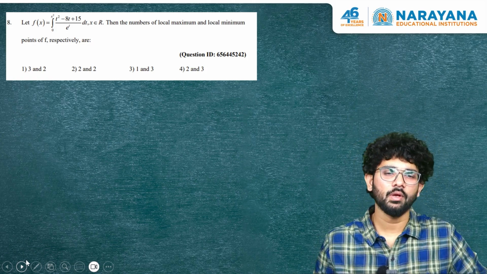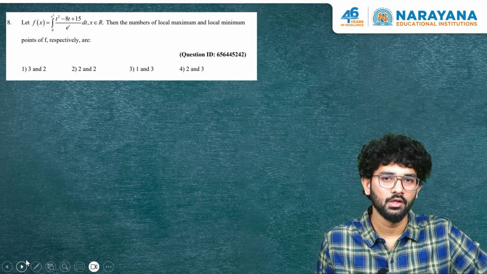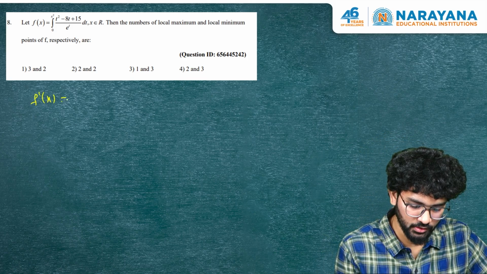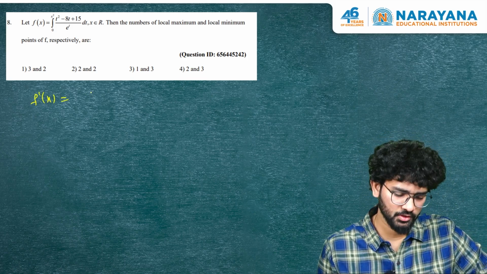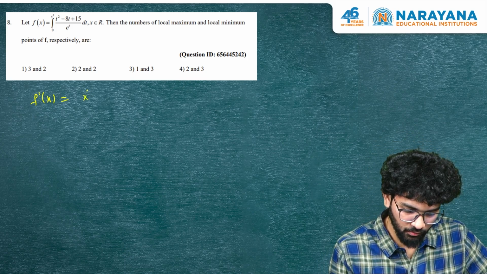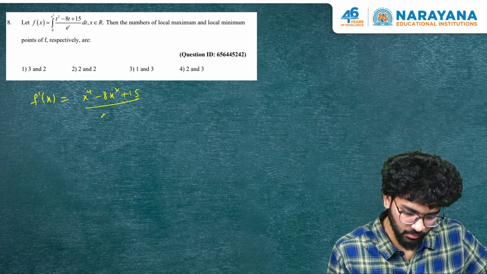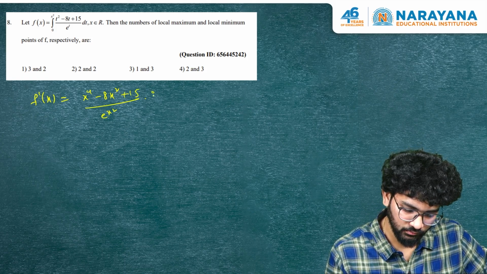To find local maximum and local minimum, we need to calculate f'(x) and see the sign changes of f'(x). If I calculate f'(x), it will use the Leibniz theorem, which everyone knows. If I apply the Leibniz theorem, it will be (x^4 - 8x^2 + 15)/e^(x^2) into the differentiation of x^2, that is 2x.